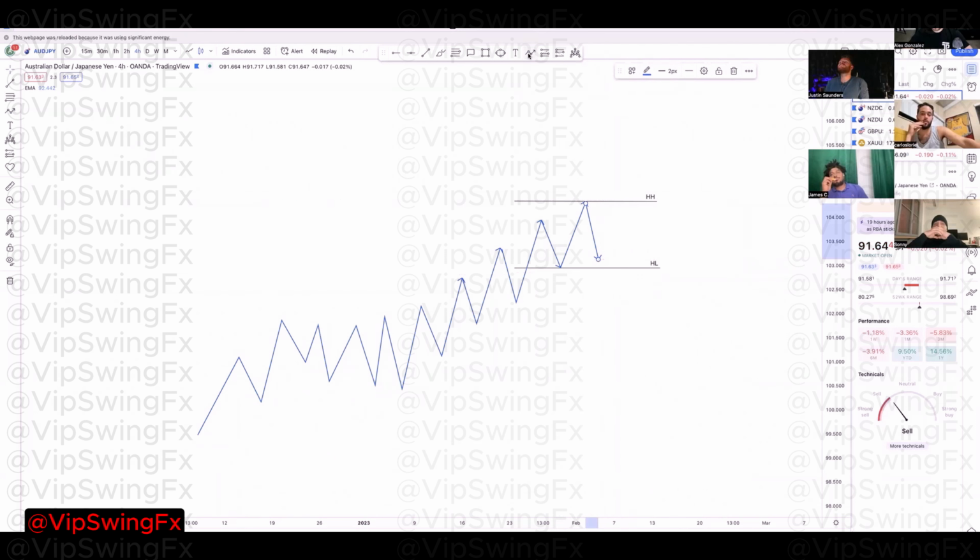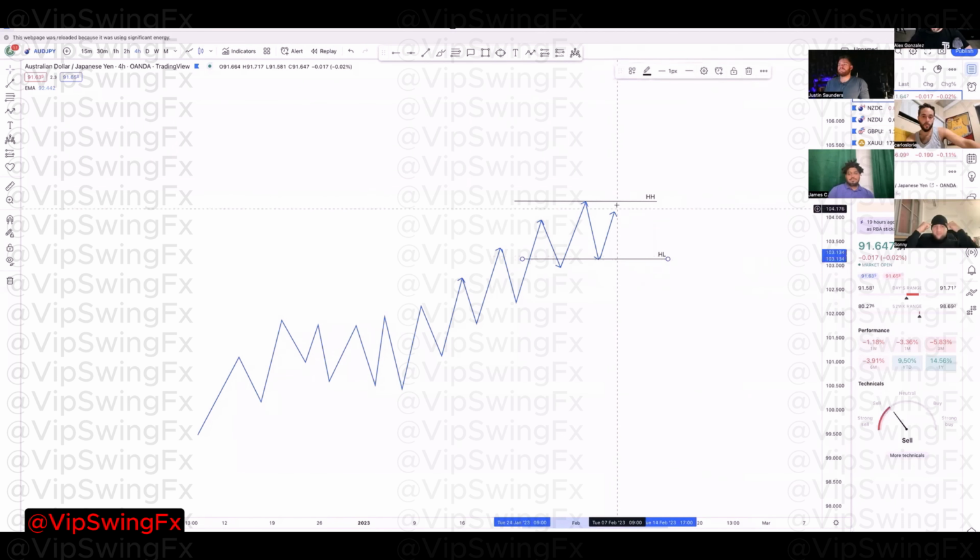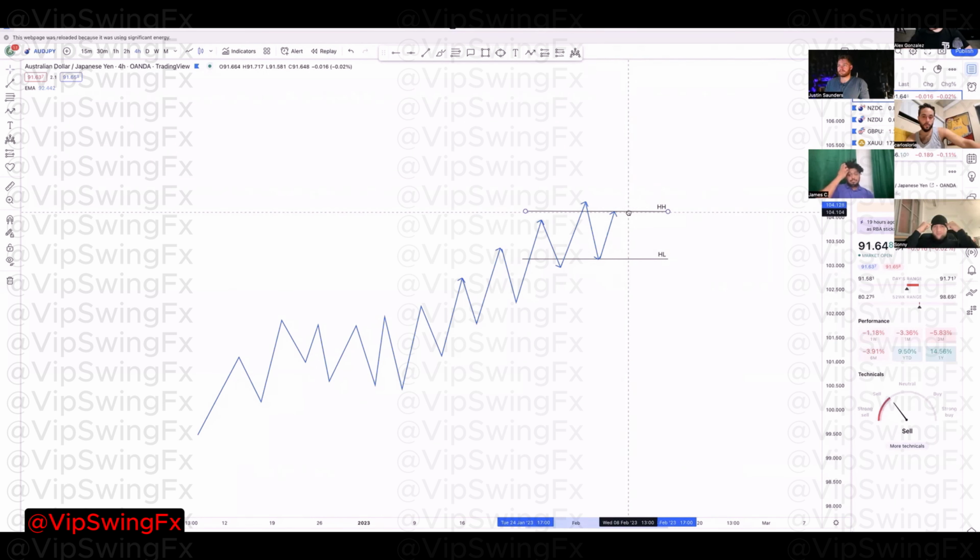We're just having a pullback. All right, what is this point right here? Same thing. Okay, correct. Nothing. You sure this doesn't go as the higher low and then this as the higher high? Makes no sense because we haven't done a higher high, so there's no higher low.